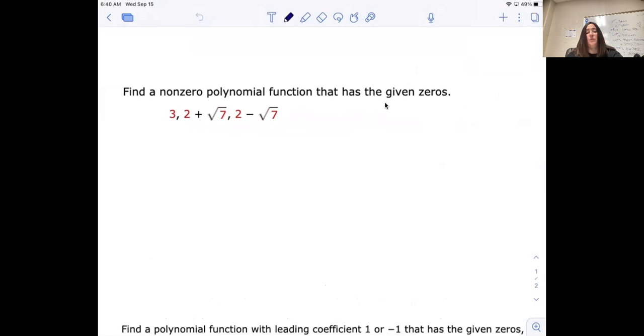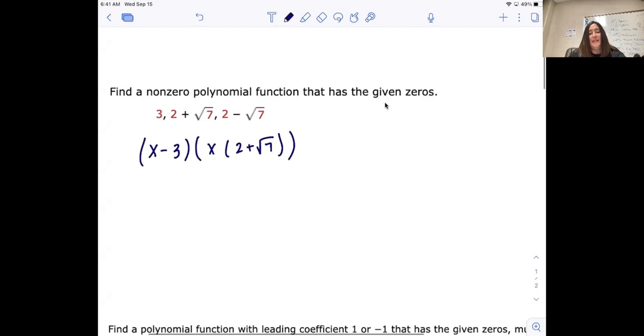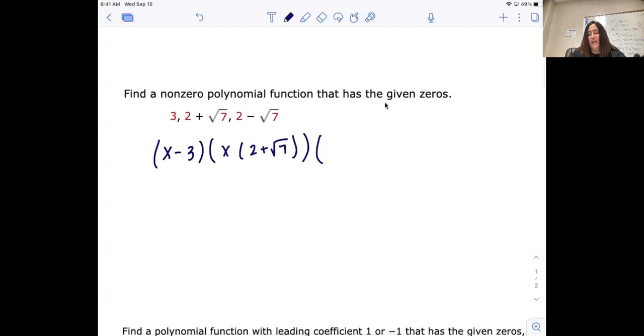So if you're looking at this question, this one is giving you the zeros. So it wants the polynomial function. You have to work backwards. To be able to do this, you would take x minus 3 times, so you have to take x minus each one of your roots. What you have to be careful with is when you have these roots that have two pieces, you're going to have to distribute the negative through.